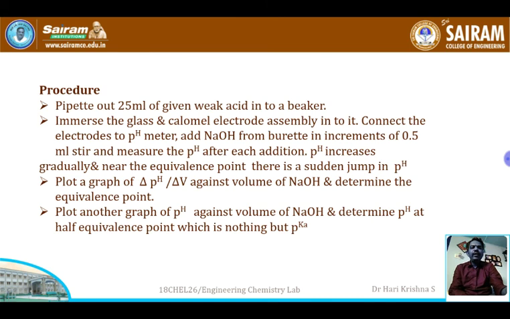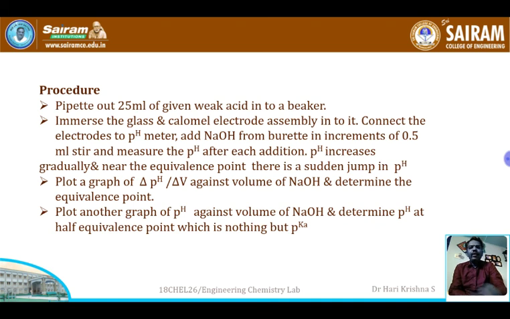After the sudden jump, we take 4 or 5 readings and stop the experiment. We take the first derivative of pH with respect to volume and plot a graph of delta pH by delta V versus volume of NaOH, and determine the neutralization point or equivalence point, and from it determine the half equivalence point.